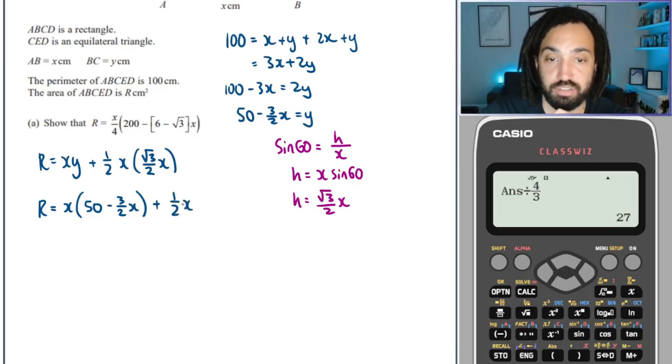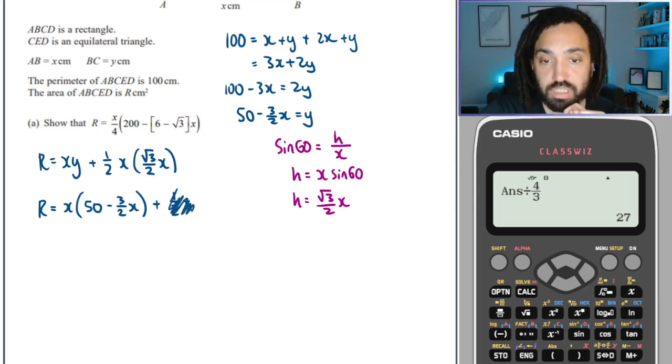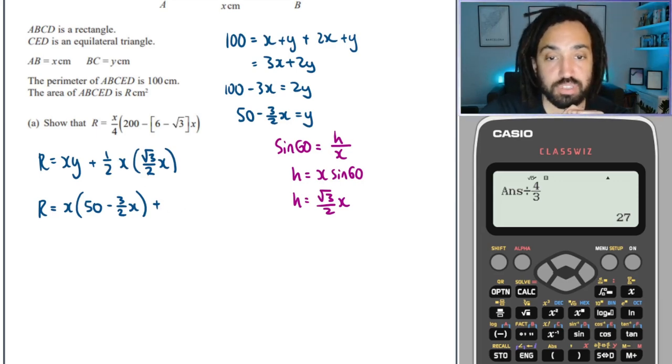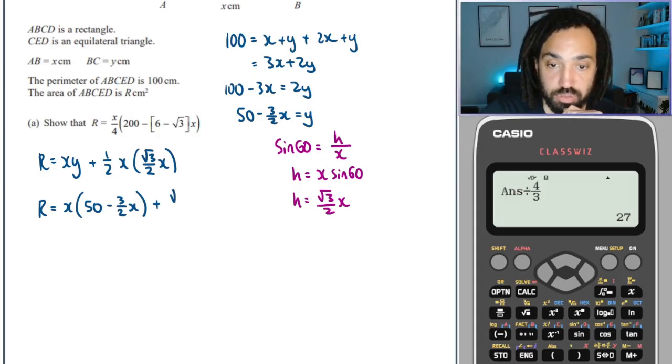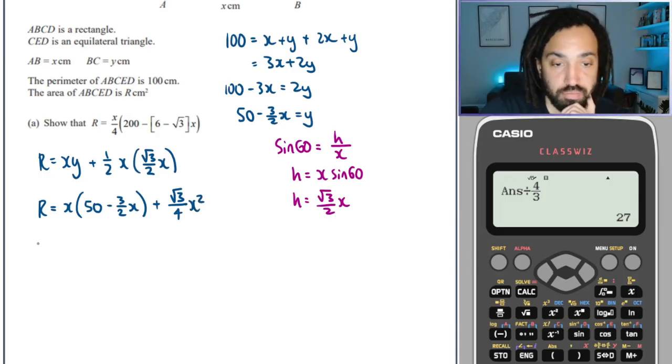Let's multiply this out now, actually. So we have a half times by a half here. So that gives me a quarter, and a root 3 on top. So root 3 over 4. And we've got an x times an x, so x squared. Okay, let's expand this out as well. So 50x minus 3 over 2x squared plus root 3 over 4x squared.